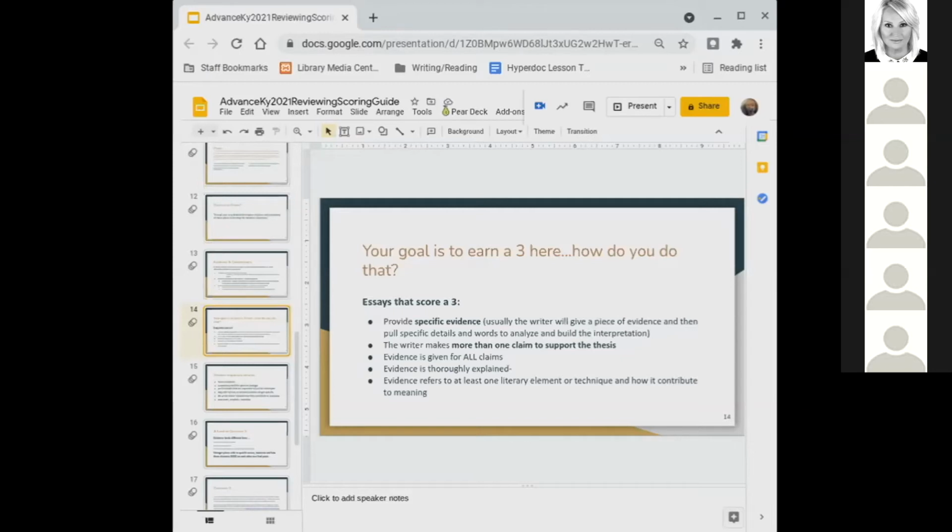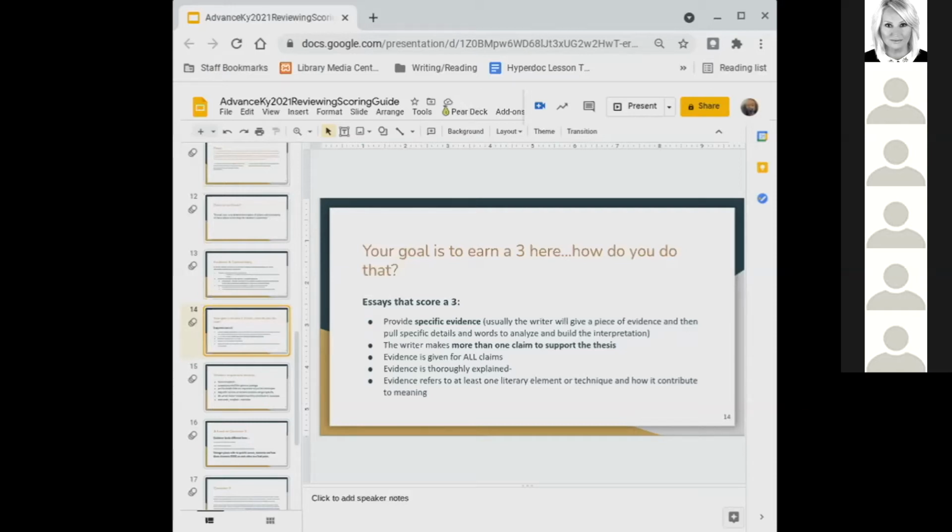If you claim the sound in the poem, or if you claim that the figurative language of the poem is important, if you even mention it, you have to give evidence for it. So think about, are you making claims that you're not developing?